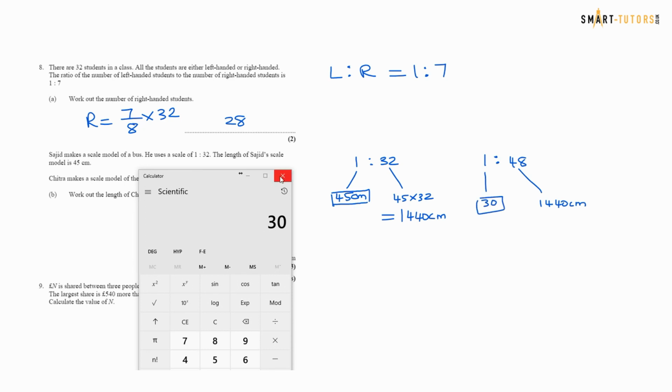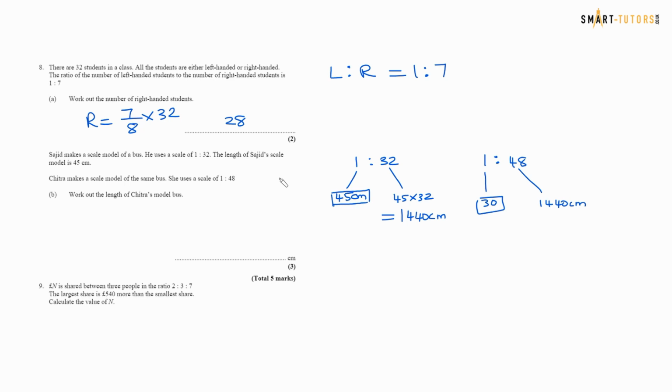So let me read the question properly. Work out the length of Chitra's model bus, is 30 centimeter. So I work out the real bus's length, 1440 centimeter. Then after that the real bus length is going to be the same. The model has to be divided by 48.